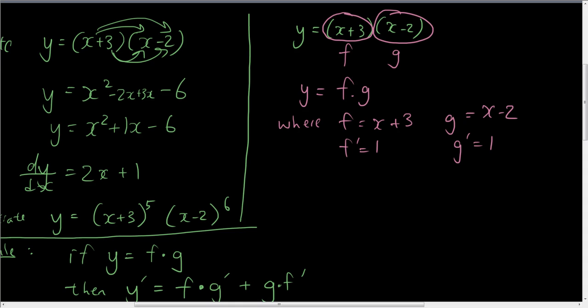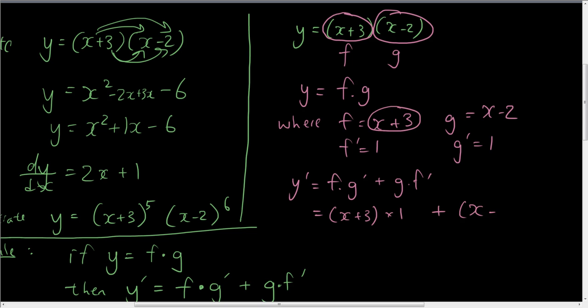So using the product rule, y dash equals f times g dash plus g times f dash. So f times g dash becomes (x plus 3) times 1, plus g times f dash. That becomes (x minus 2) times 1.